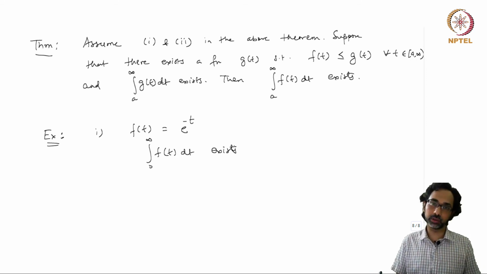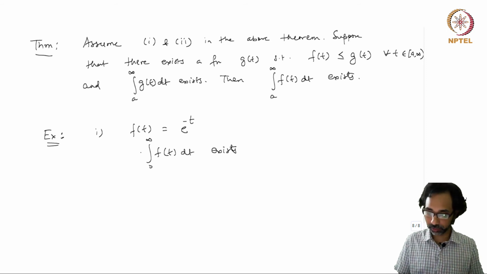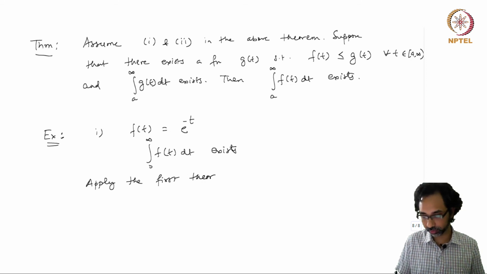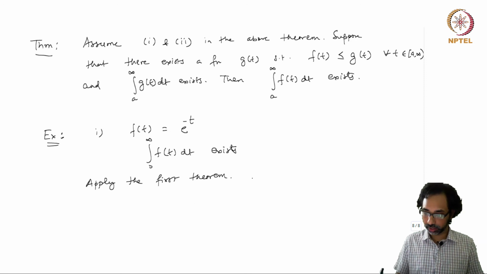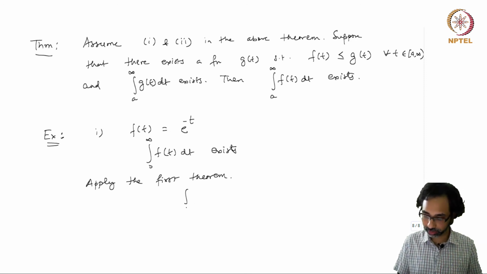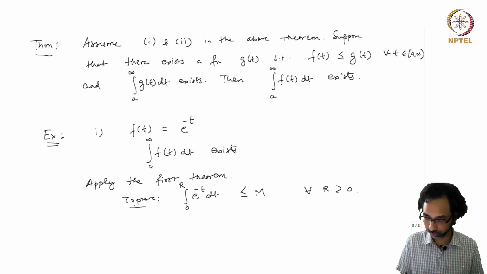We have computed it using the limits, but we can also apply the first theorem as follows. So what we need to prove is that the integral from 0 to r of e to the minus t dt is bounded above by some M for all r greater than 0. So let's see if this is true.